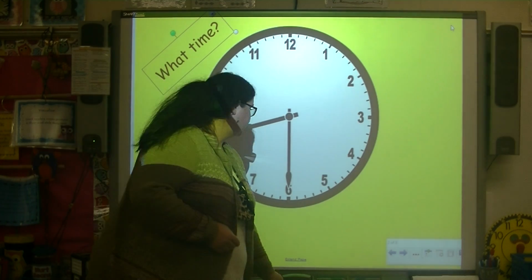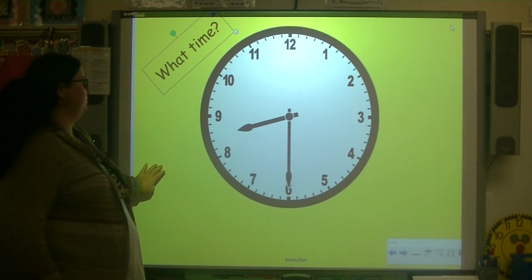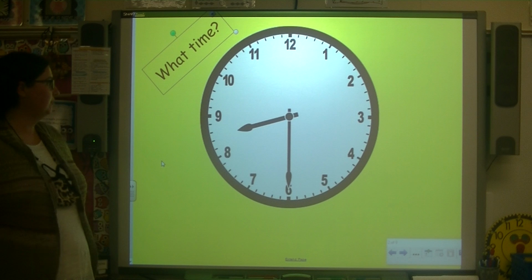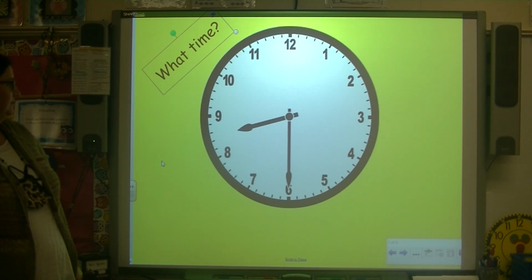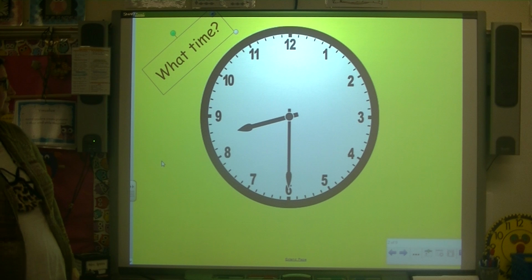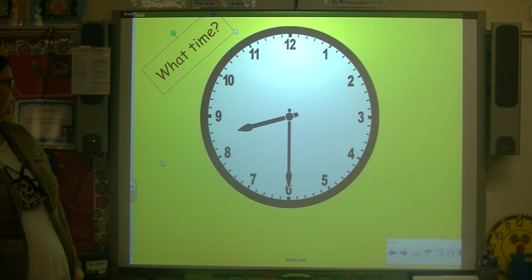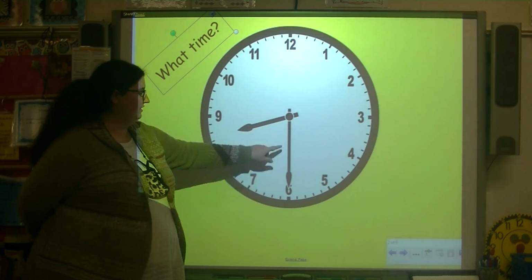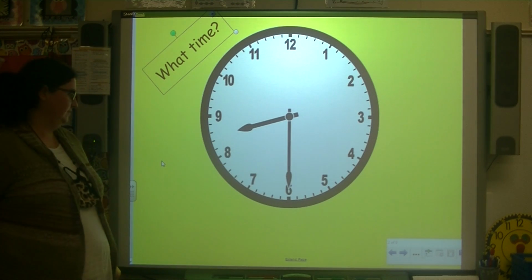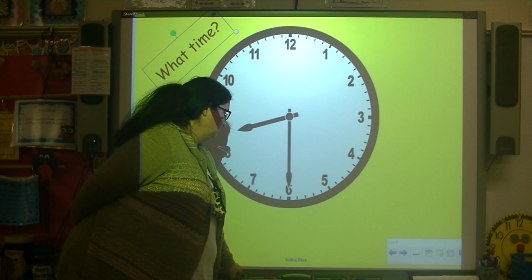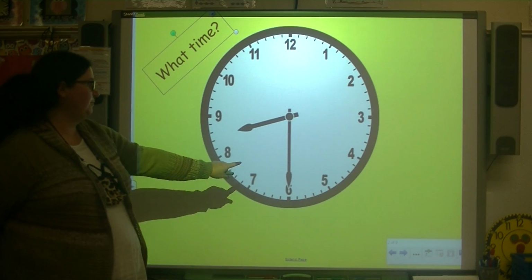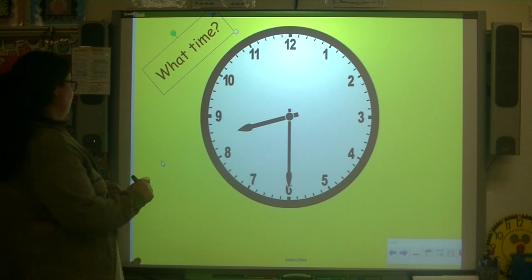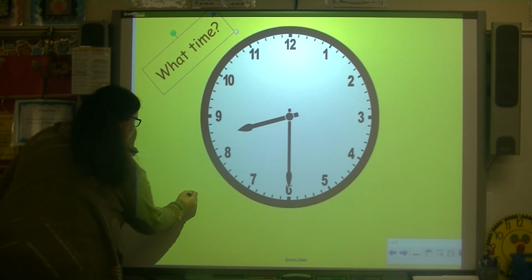All right, so what time is shown on this analog clock? Okay, look at the minute hand. The minute hand tells us it's half past, so how many minutes? We know it's 30 minutes.